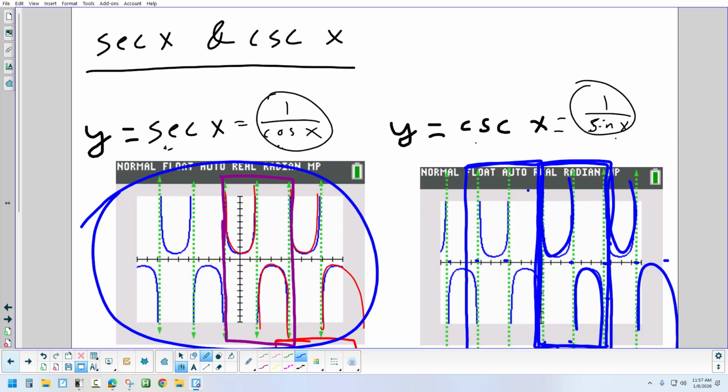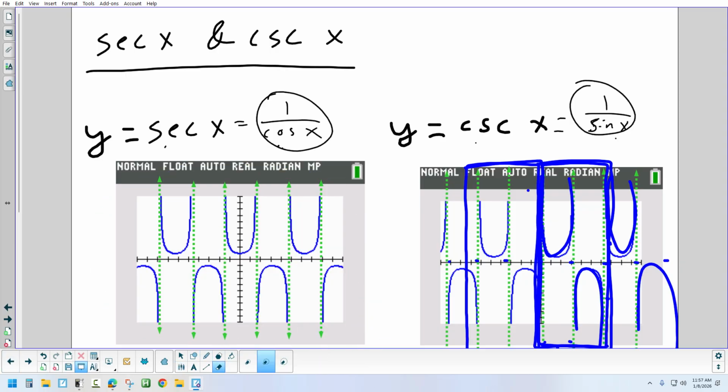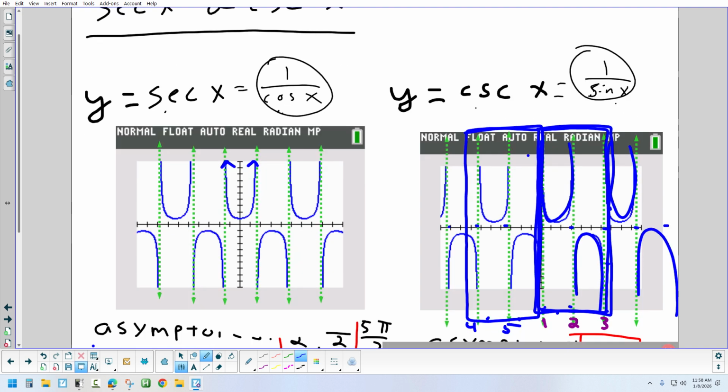And the range. Does it look like this graph goes up forever? Yes. Each U shape does keep going up forever. Does it look like it goes down forever? It does. Each N shape goes down. Does it hit everything in the middle?